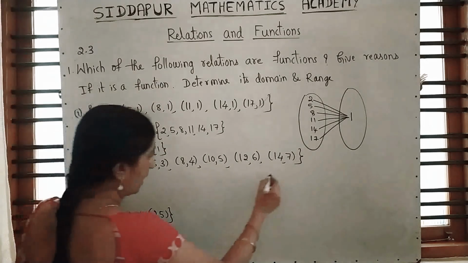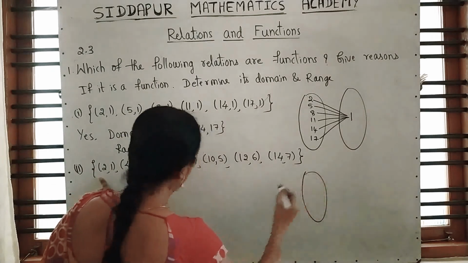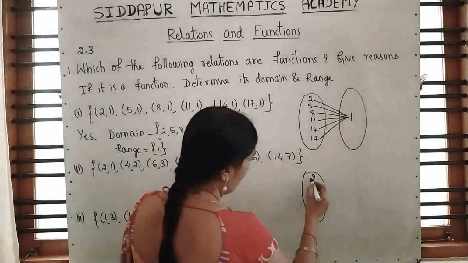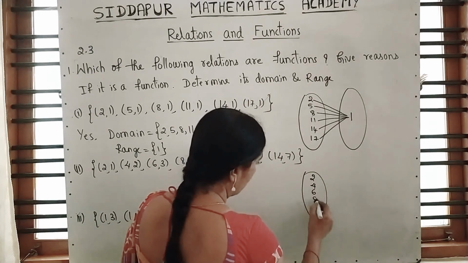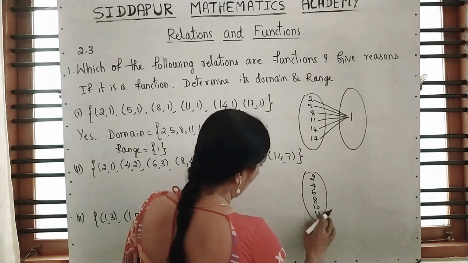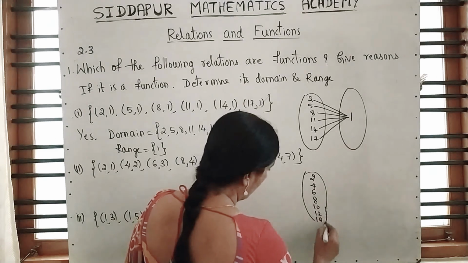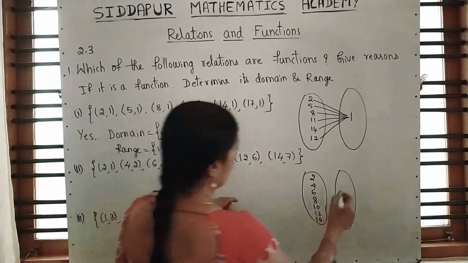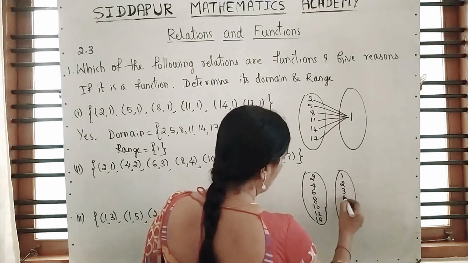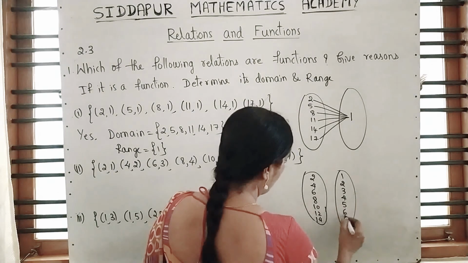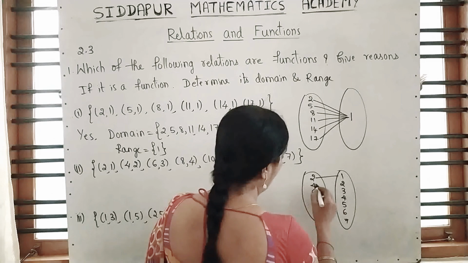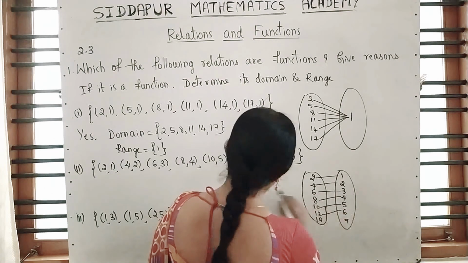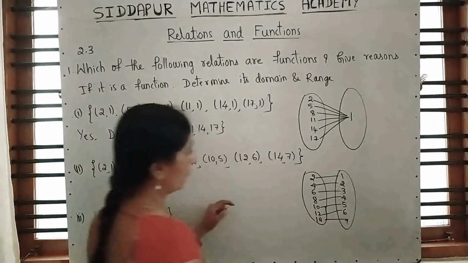Now for the second one also, if you draw the figure, write down all the first elements: 2, 4, 6, 8, 10, 12, 14. And the second set is 1, 2, 3, 4, 5, 6, 7. 2 is with 1, 4 with 2, 6 with 3, 8 with 4, 10 with 5, 12 with 6, 14 with 7.